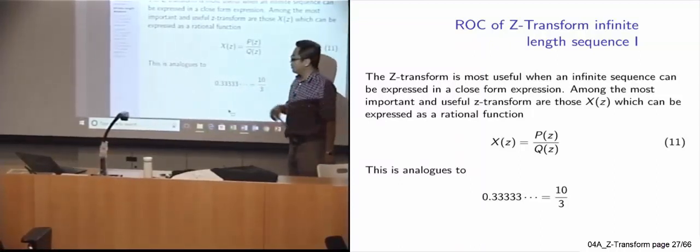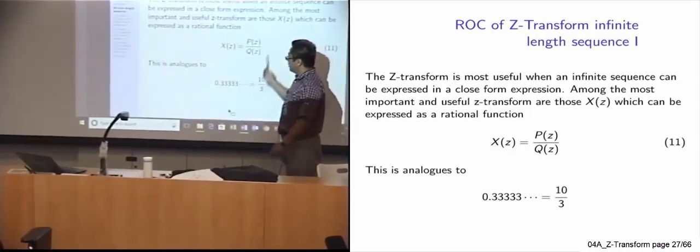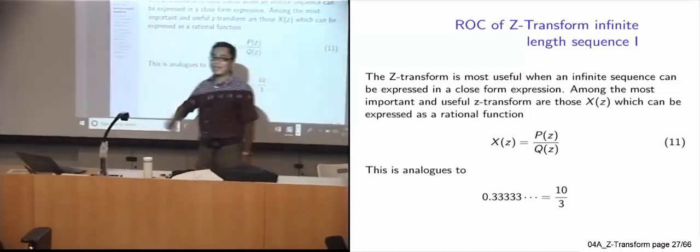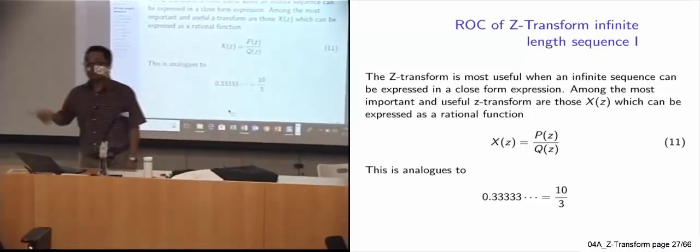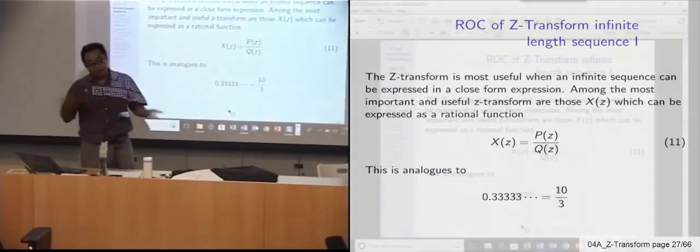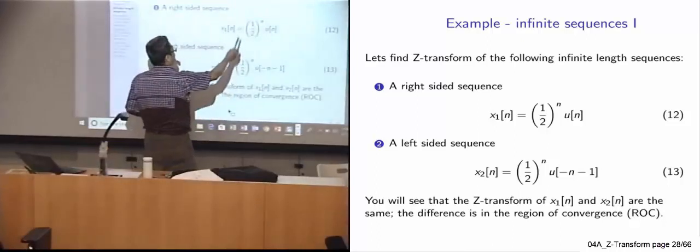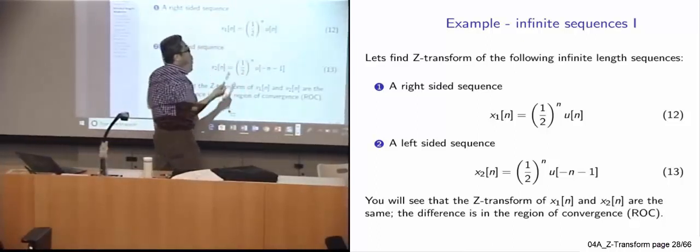So you realize that when we represent in polynomial of numerator over denominator, we also can get a sequence of numbers like this, and now we have an infinite sequence.